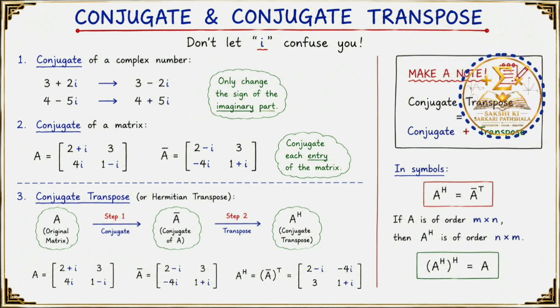So now if we take the conjugate of a matrix and then take the transpose, we have another word which is called a Hermitian matrix. Clear?